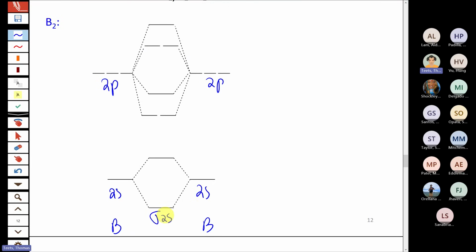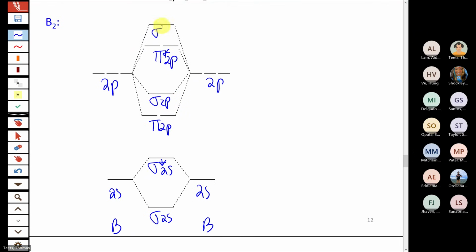So sigma and sigma star 2s are still the same. But when we get up here to the 2p molecular orbitals, the pi 2p molecular orbital comes below sigma 2p. So these are the two that switch. I'll finish this up and then I'll draw a box around that to show you. The ordering of these two molecular orbitals switches for that first half of the P block.